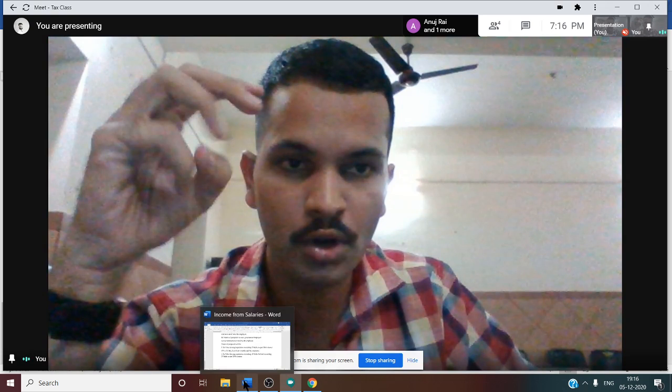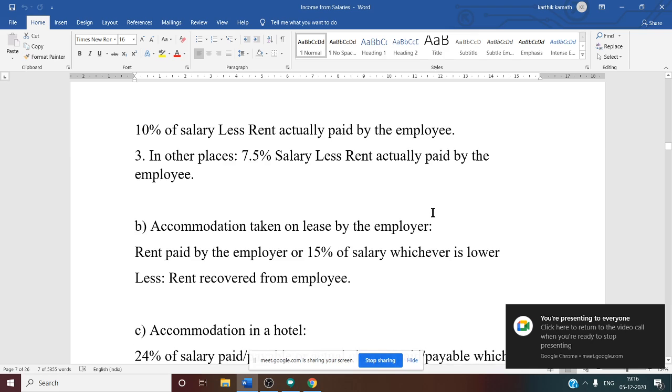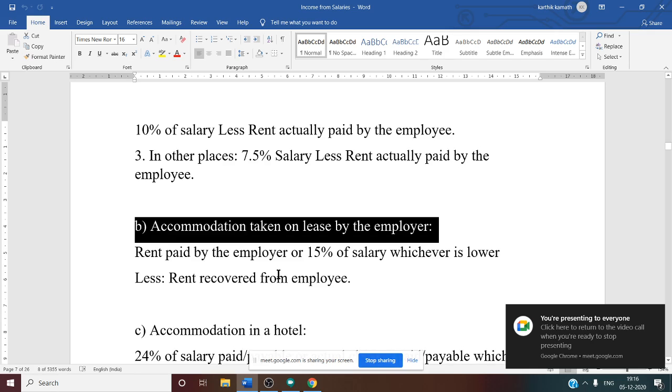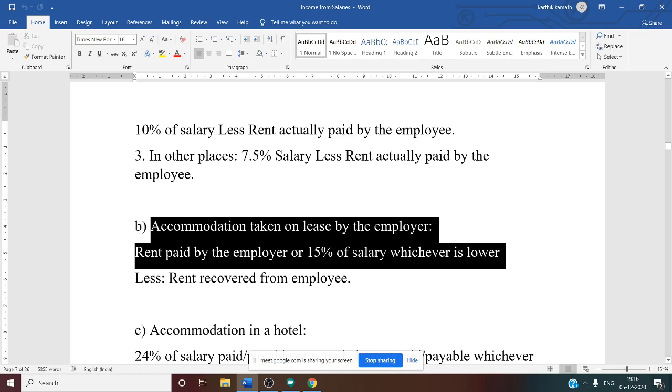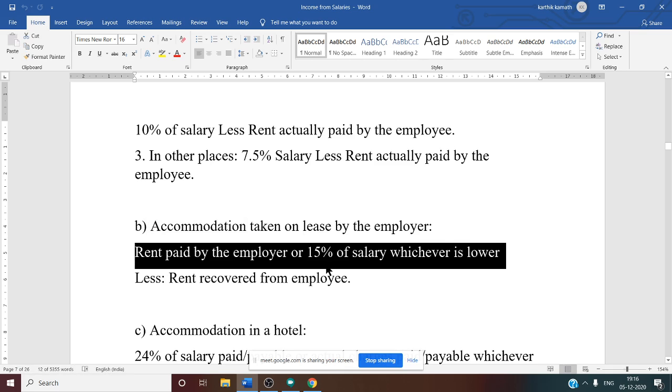Now let us see if the house is not owned by the employer. That means your employer is paying the rent for that particular house, or the employer has taken that house on lease. In that case, rent paid by the employer or 15% of the salary, whichever is lower, is to be taken.